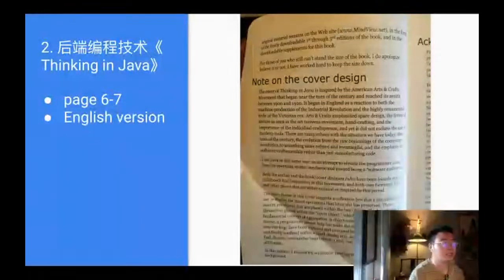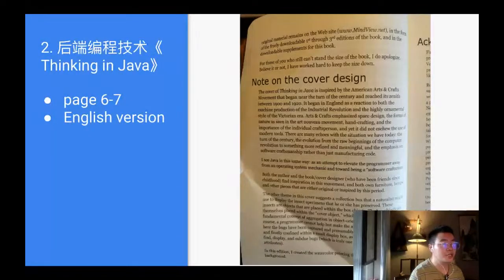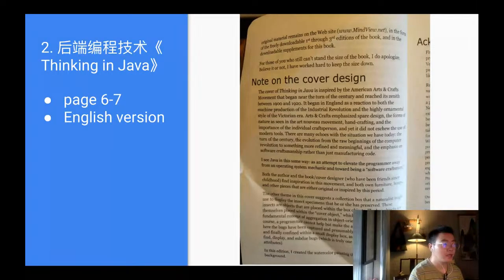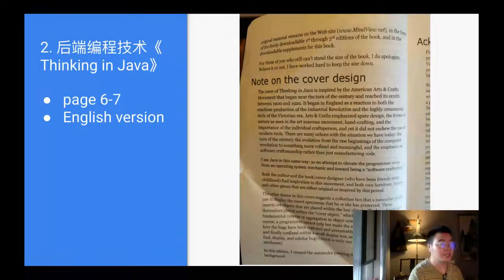Look at the cover design. The cover of Thinking Java is inspired by the American Arts and Crafts movement that began near the turn of the century and reached its zenith in 1920.